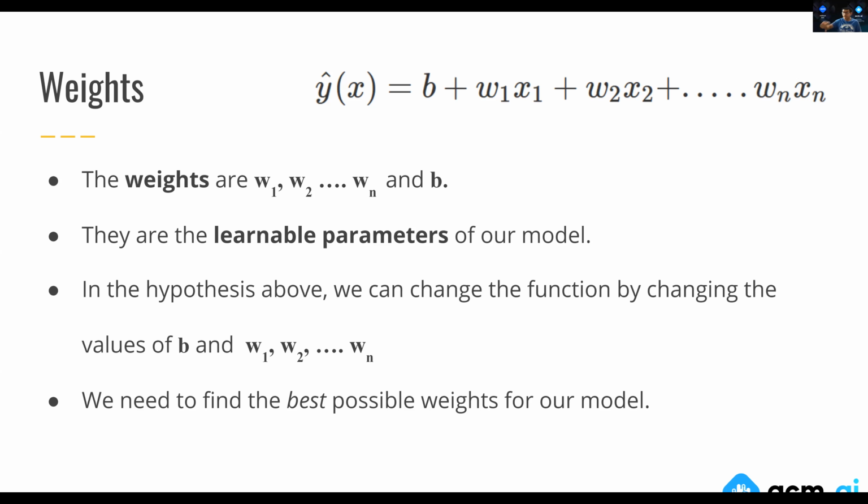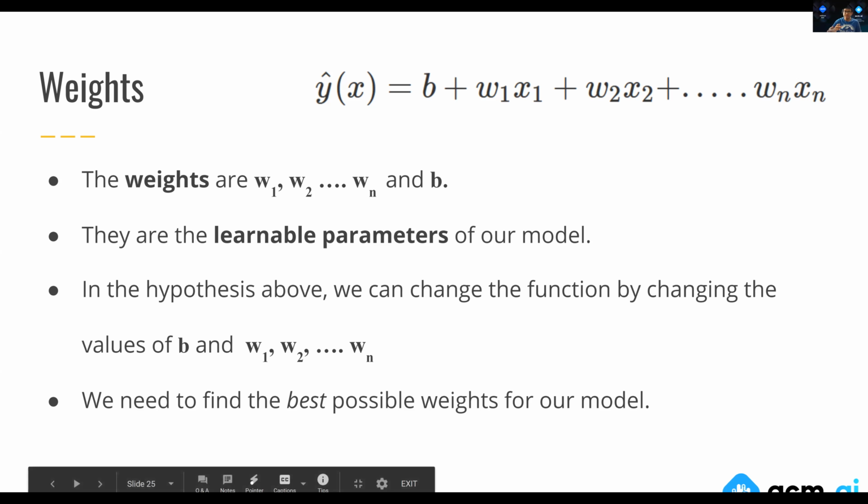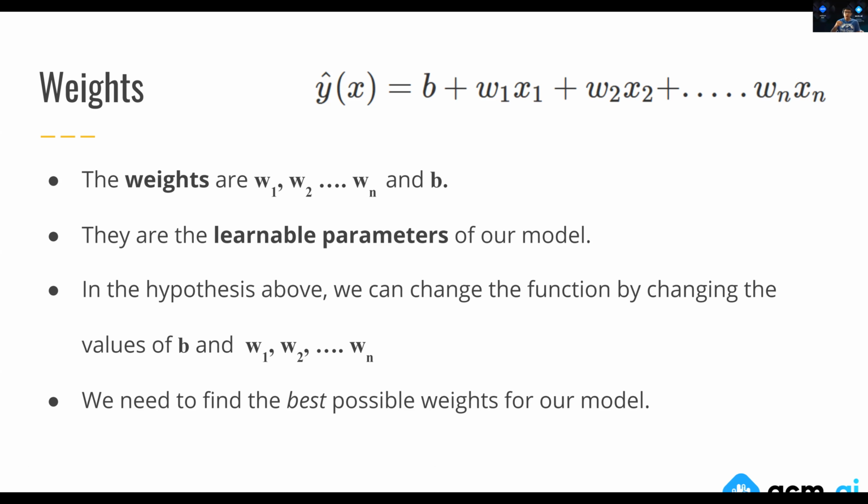In contrast, when the number of bedrooms of a house increases, you would expect the price to increase as well. So you can understand what these weights exactly are. These weights are the importance we associate with each feature.